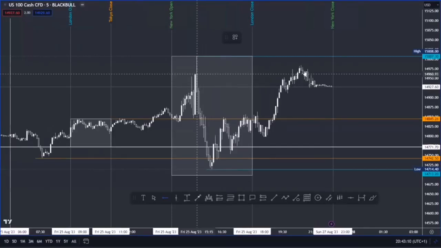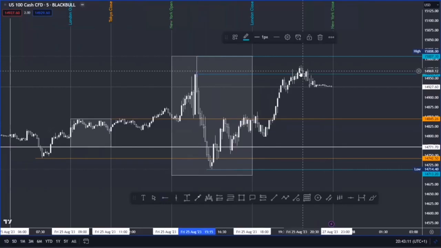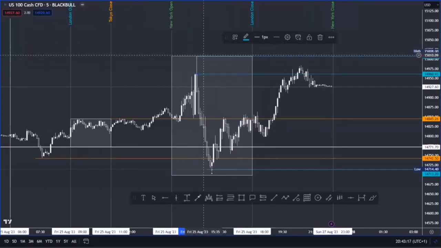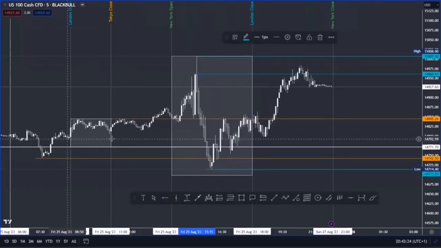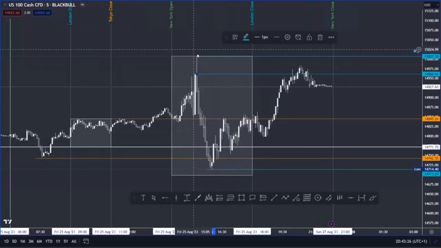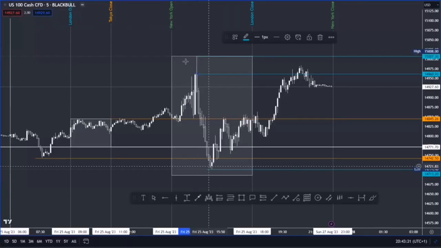For New York or London, London is obviously still open, and this was the New York high, London high, New York low as well as, I think, London low as well. And it's a very good idea in terms of where the market is likely to go to.